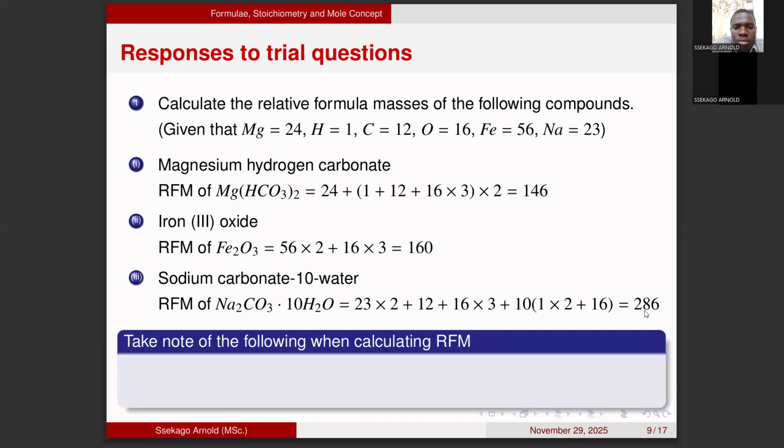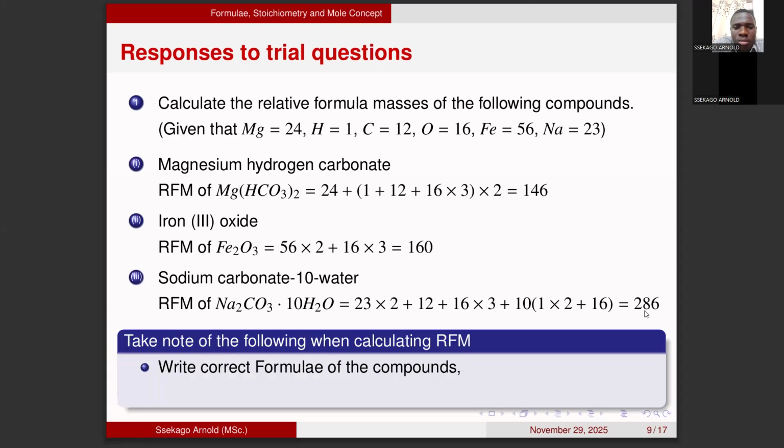Therefore, in brief, we have to take note of the following. This information is important when calculating RFM of different compounds. As a learner, as a chemistry student, you have to know how to write correct formulae of compounds.